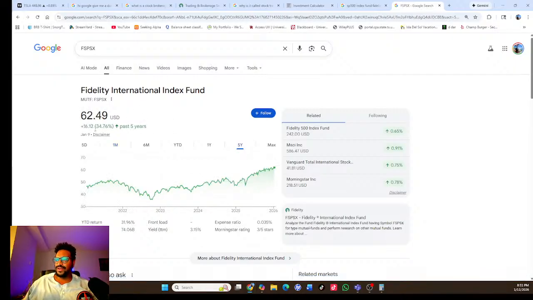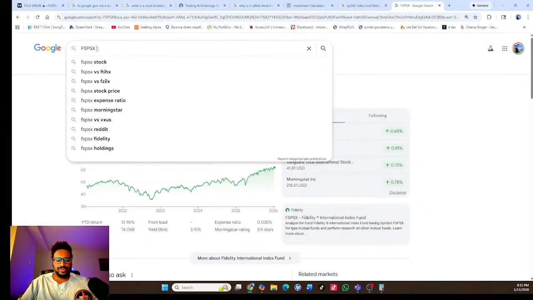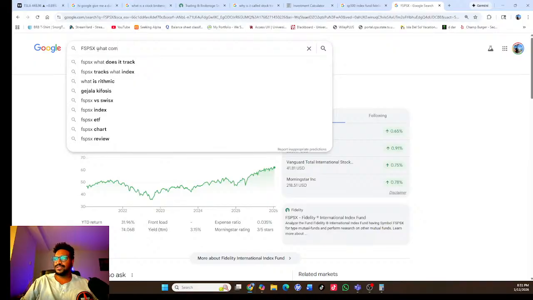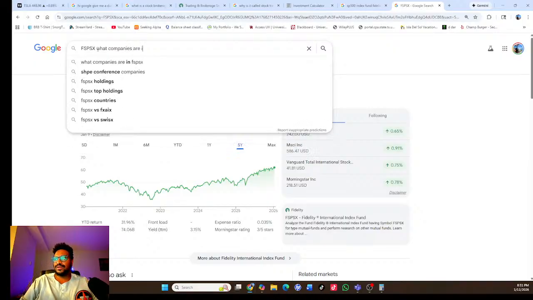Let's see, the last 5 years this one has done 34%. See, some are better than others. Looks like the American economy has done better than the international economy in this case. Let's see what companies are in it.